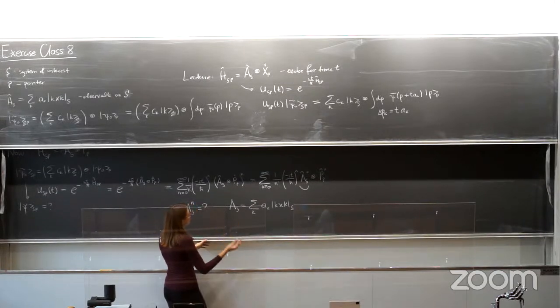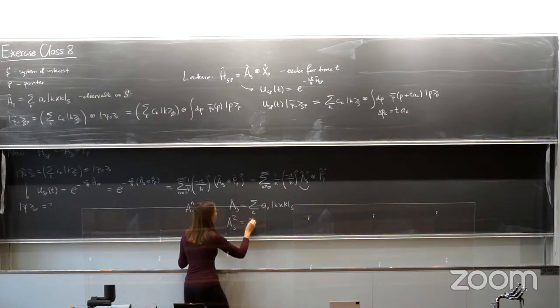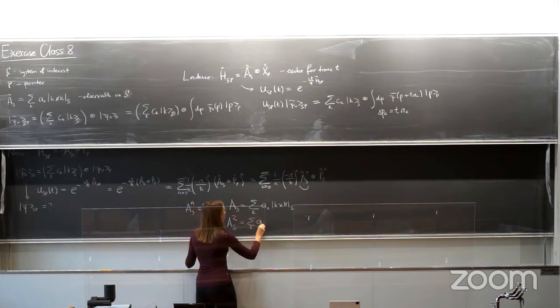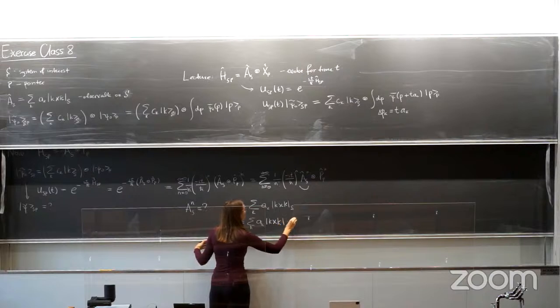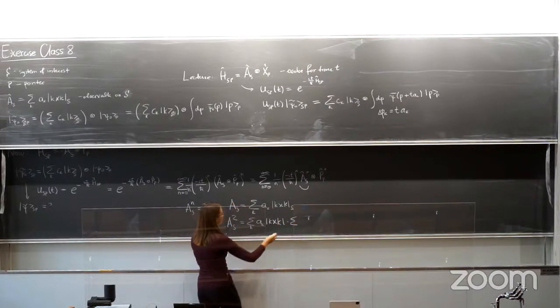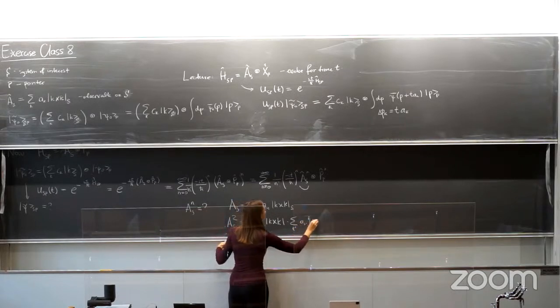Another way is to consider it inductively. So for example, let us first consider A_S squared. A_S squared would be the sum over k of a_k |k><k|, multiplied by the sum over k prime of a_k' |k'><k'|.